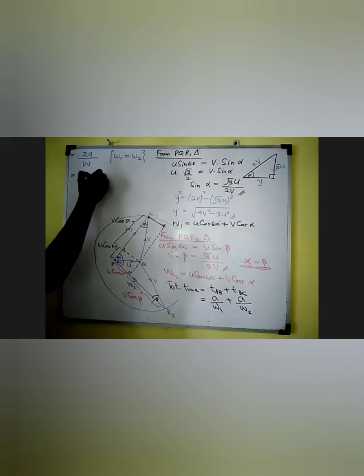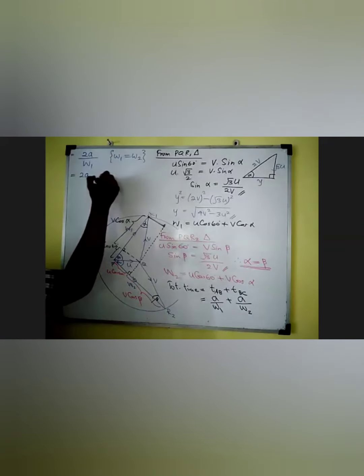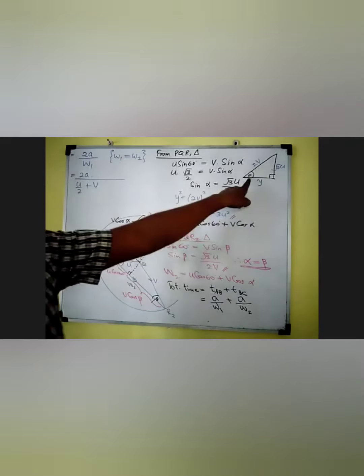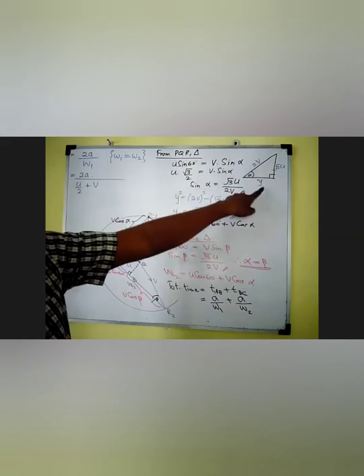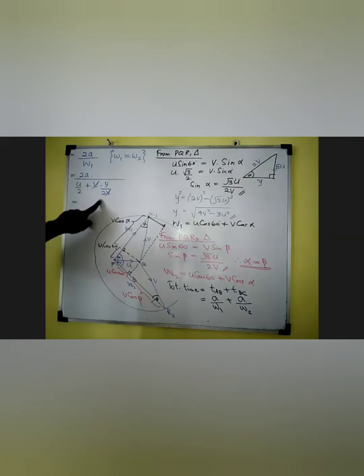So 2A, what is W1? u cos 60. So this is in the denominator. u cos 60 is half u, plus v cos alpha. What is cos alpha? Adjacent over hypotenuse, that is y over 2v. So v gets cancelled. Take the common denominator. Common denominator is 2.